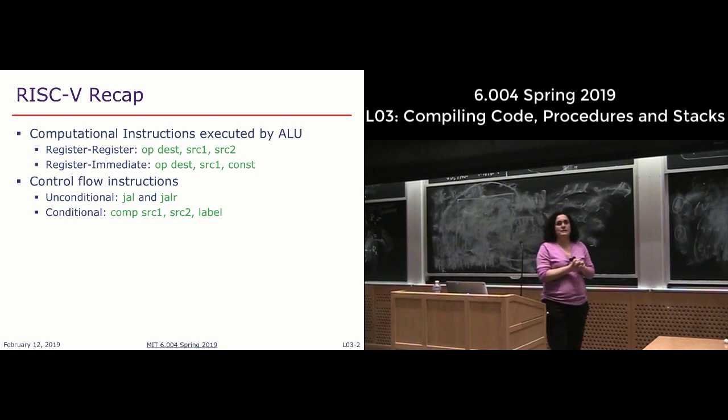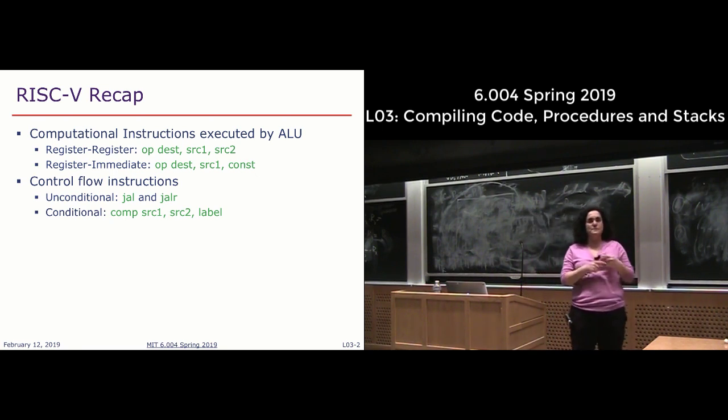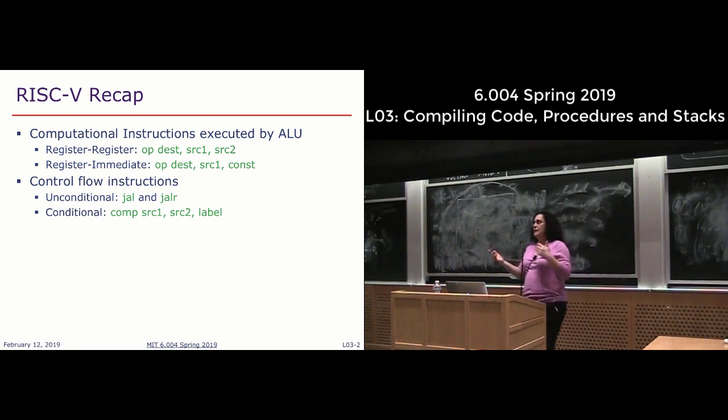Then we have control flow instructions. We have two types of control flow instructions. We have unconditional ones, where we're always taking the jump to the new location in order to change the order in which we're executing instructions. And these are the JAL and JALR instructions. Today we're going to understand what the JAL instruction is all about, which stands for jump and link.